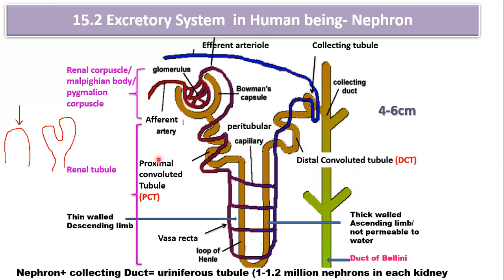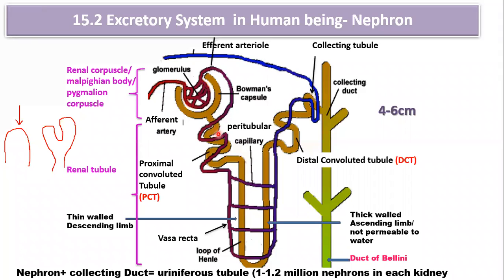PCT stands for proximal convoluted tubule. Convoluted means coiled, and it is a smaller version of a tube, so it is called a tubule. So the neck opens into the proximal convoluted tubule.